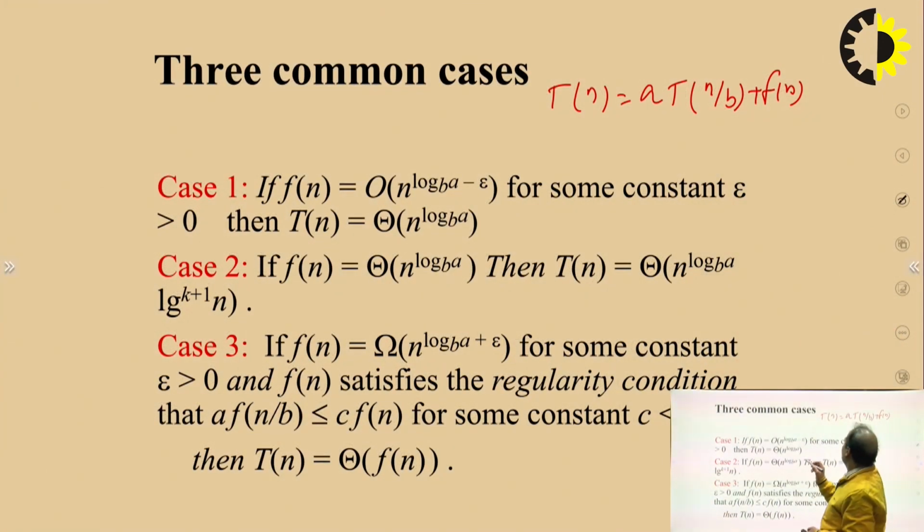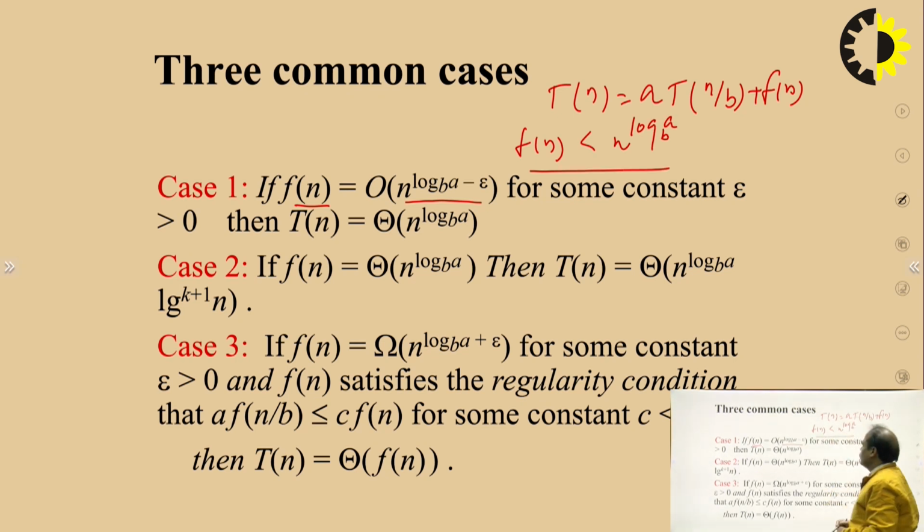Case number one: if f(n) is big O of this, it means f(n) is less than n to the power log a base b. If this is the situation, then the solution is given by theta of n to the power log a base b. This was already discussed in the last video.